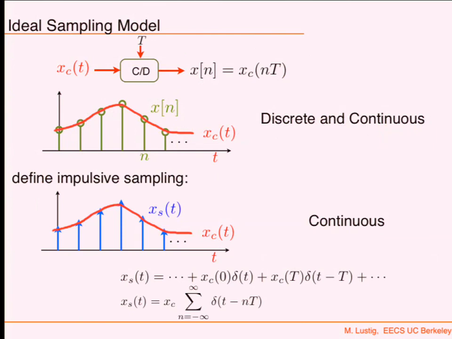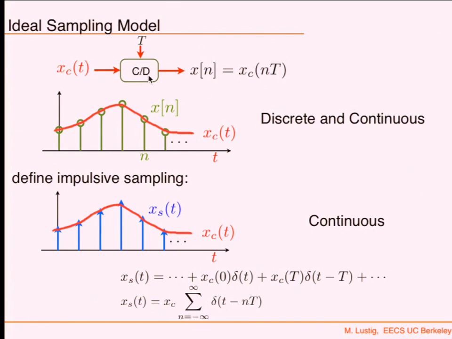Okay. So now let's talk about the ideal sampling model. In the ideal sampling model, you've got a signal, again, x sub c of t, which could be an arbitrary signal. It could be noise. It could be anything. That goes to a device which we'll call a C to D, continuous to digital.